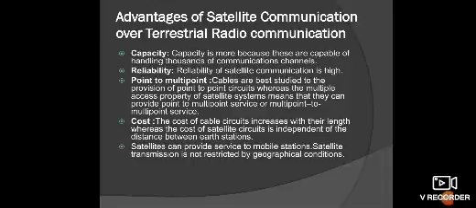And the next one is reliability. The reliability of satellite communication is very high. And the next one is point to multi-point. I have said that whenever we are using cables in our communication, we have point to point communication and point to multi-point communication.